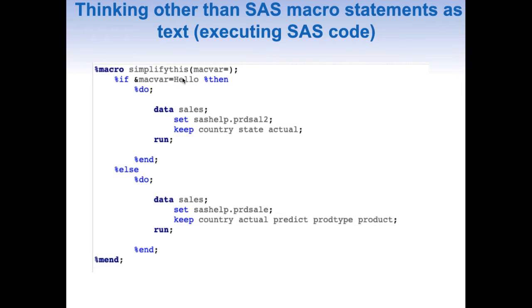If the condition does not match, that means whenever you pass a value which is not hello, then it should do this, that is %else %do; data sales; set sashelp.pid_sale; and keep some variables; run; and then %end and %mend. So if you see here, depending on the condition, we are creating a data set in here or we are creating a data set in here.